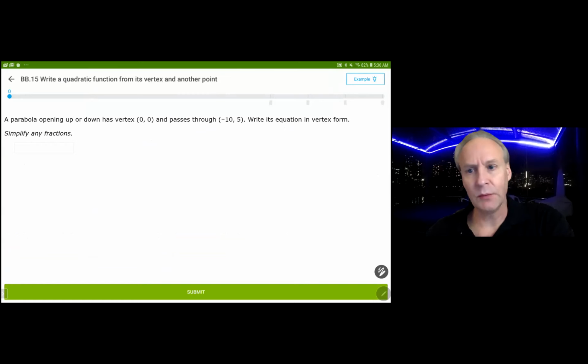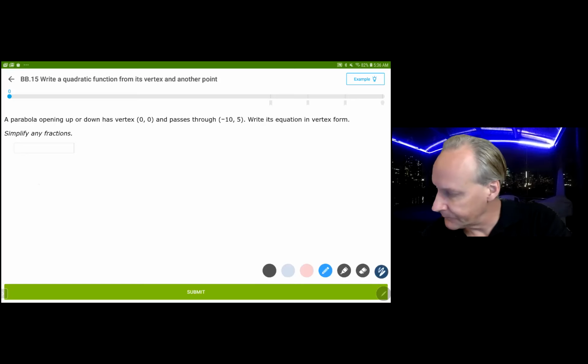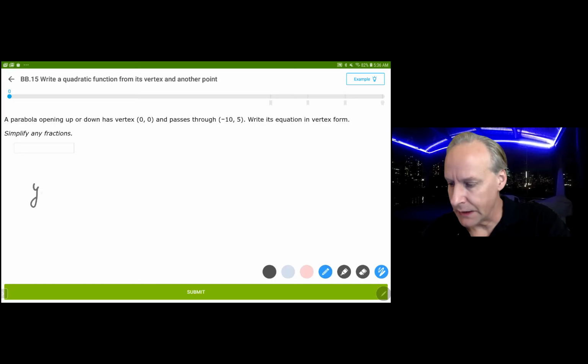But on this first problem, I want you to remember that if I were talking about 2 points and I wanted to look at the point slope form, the equation looks like this: y minus y1 is equal to m times x minus x1.